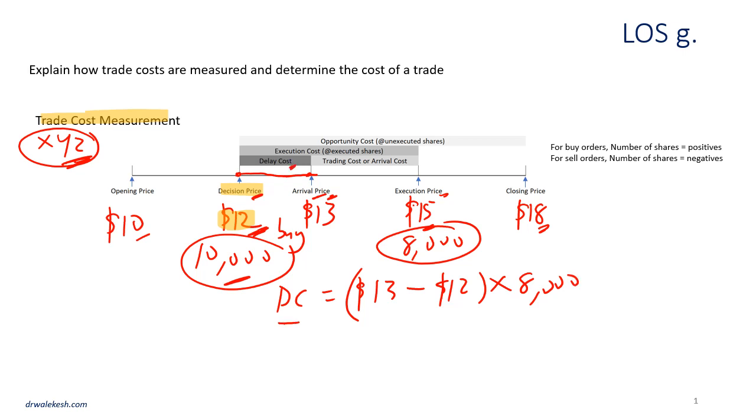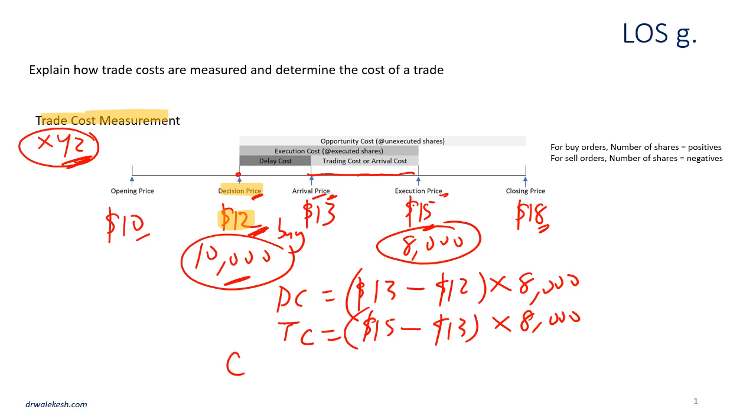So delay cost will come as a result of executed shares. The same thing for trading cost. It comes as a result of executed shares. So trading cost will be from the execution price to the arrival price, and that's how much? That's $15 minus $13 times the number of shares executed.